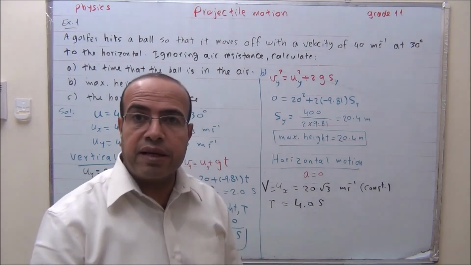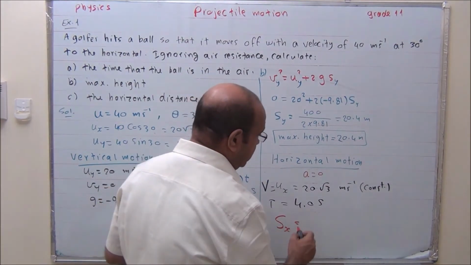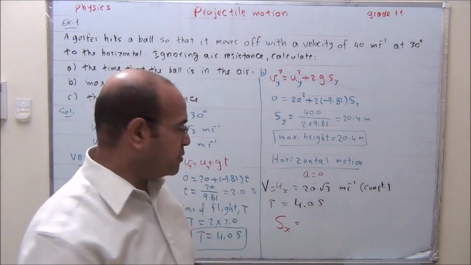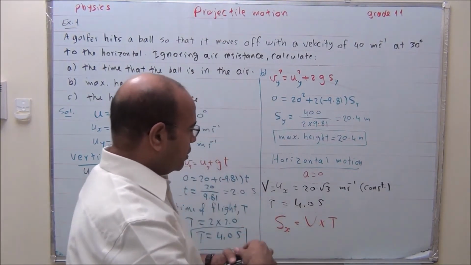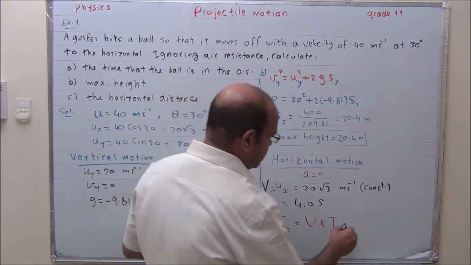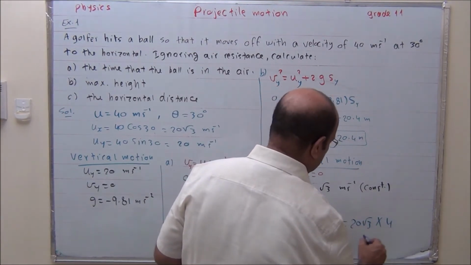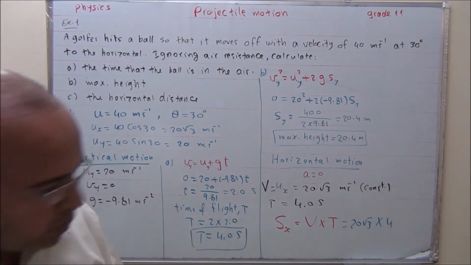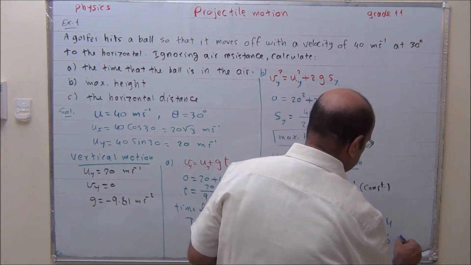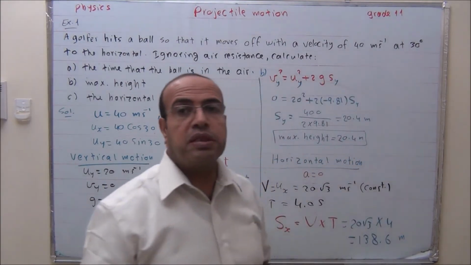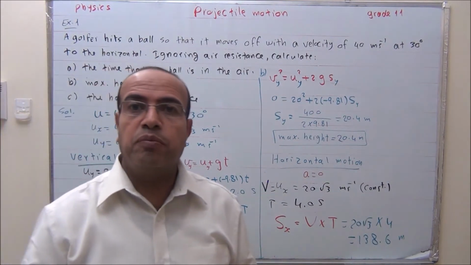Now we can get S. So Sx, the horizontal displacement, equals V multiplied by T. V equals 20 radical 3 multiplied by 4, which is 138.6 meter. So this is the horizontal distance, 138.6.